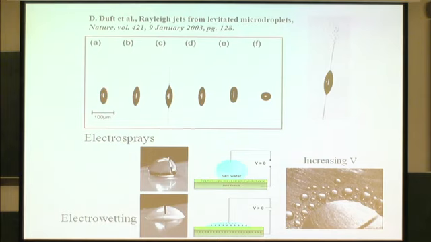The drop deforms, becomes an ellipsoid, deforms even more, and at some point develops two opposite conical tips, from which very fast jets come out. They are very thin, and they disintegrate into thousands of small droplets.